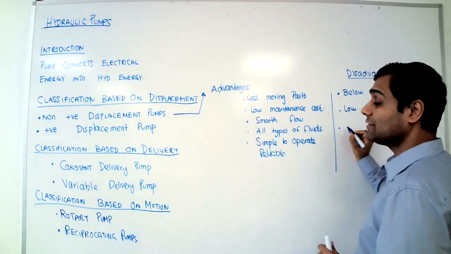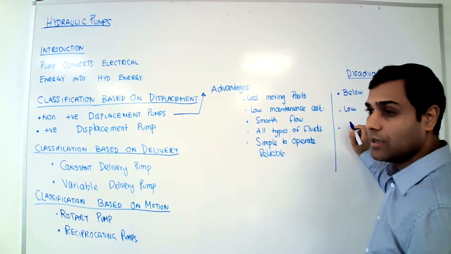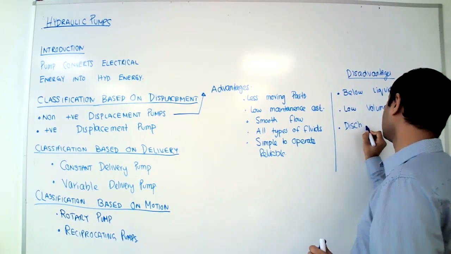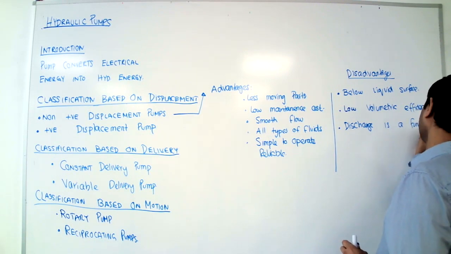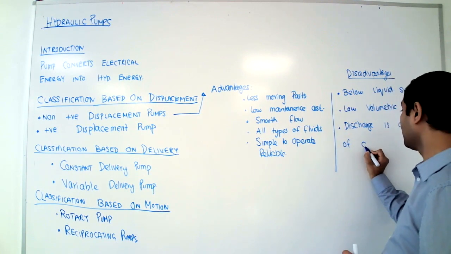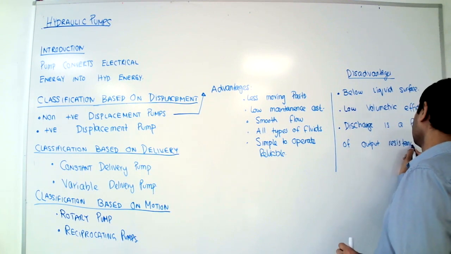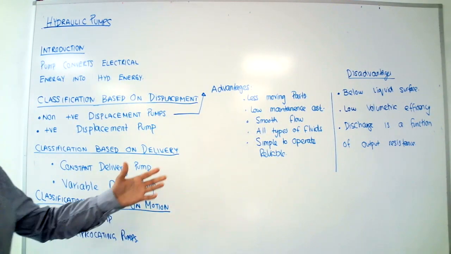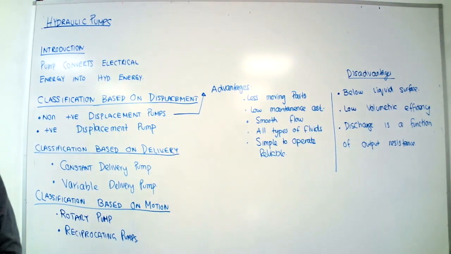And the other one is that discharge is related to the output flow, so discharge is a function of output resistance. These are the advantages and disadvantages of the non-positive displacement pumps.